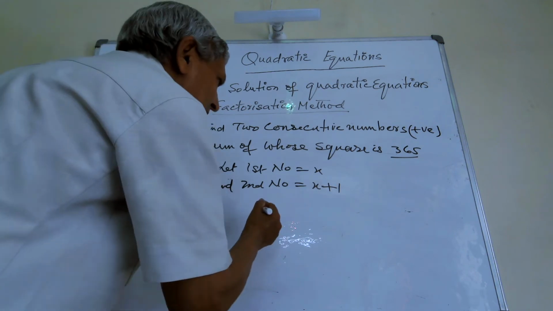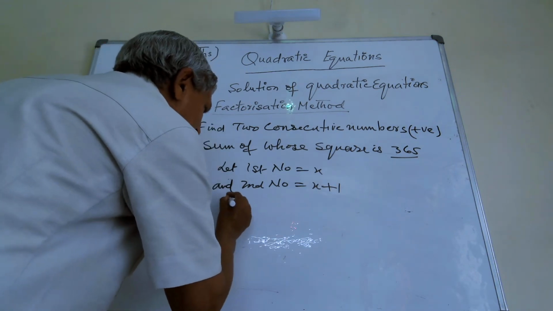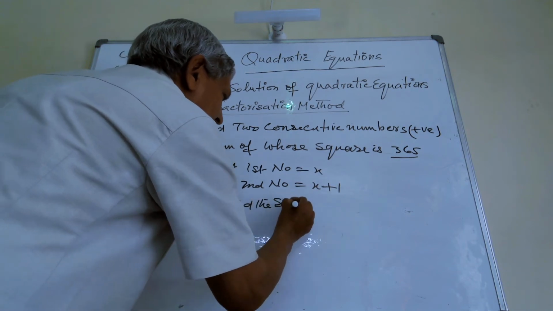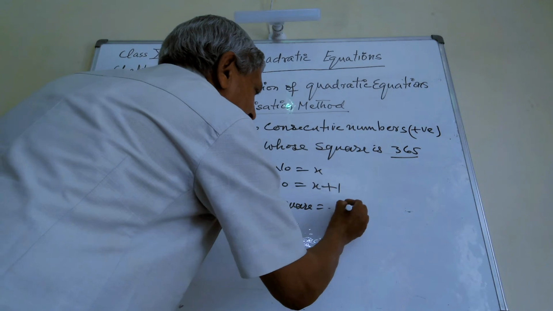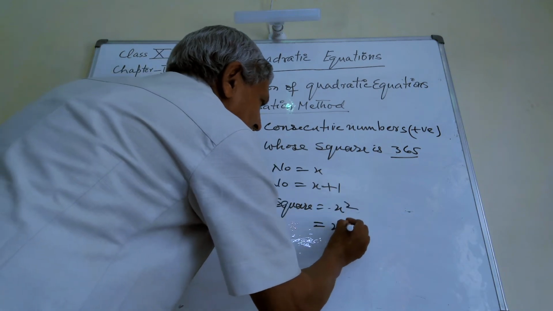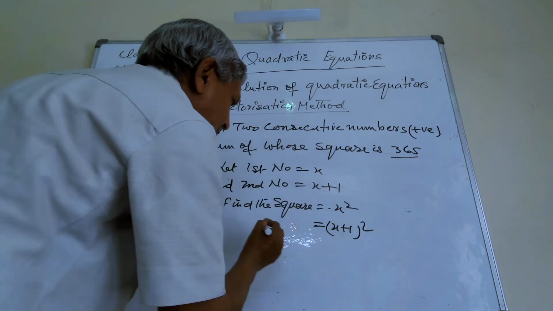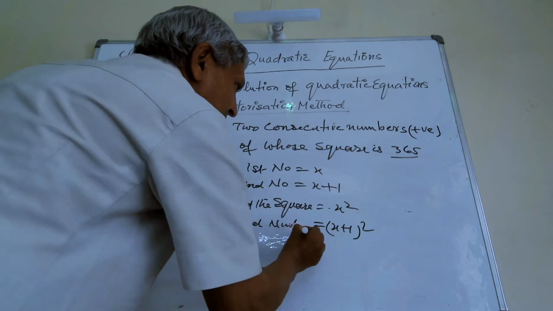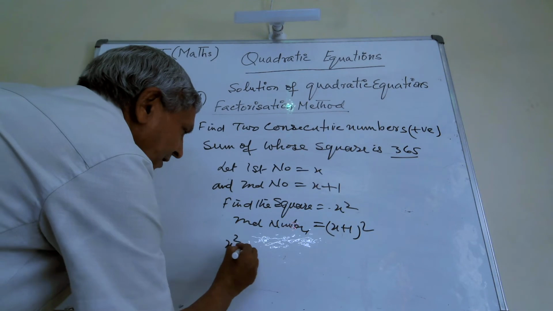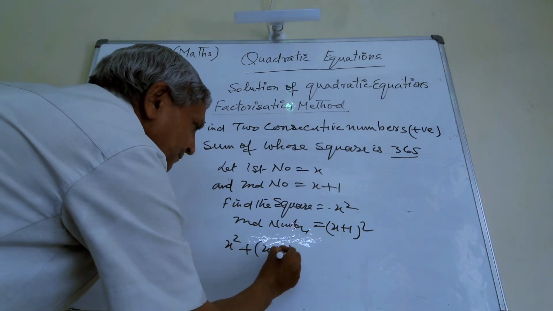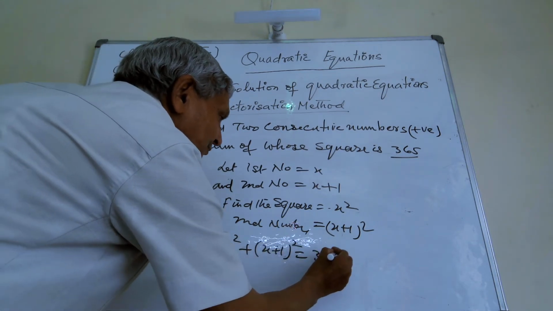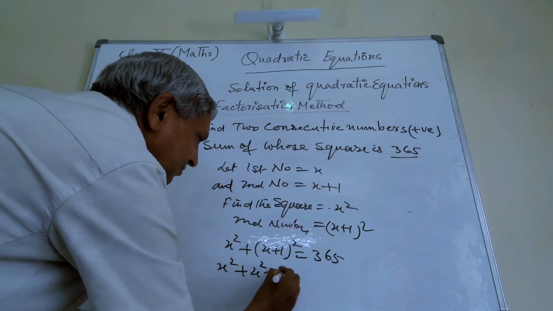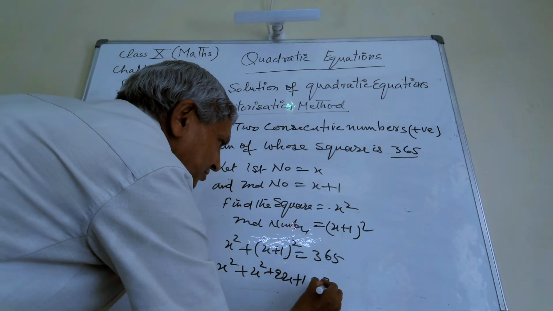Now find the squares: x square, and x plus 1 whole square for the second number. According to the question, x square plus x plus 1 whole square is equal to 365, and x square plus x square plus 2x plus 1 is equal to 365.